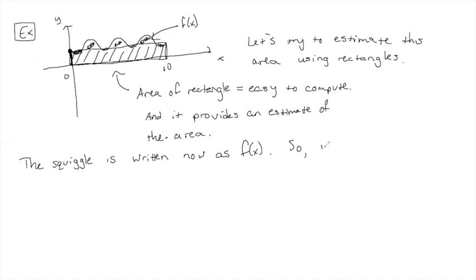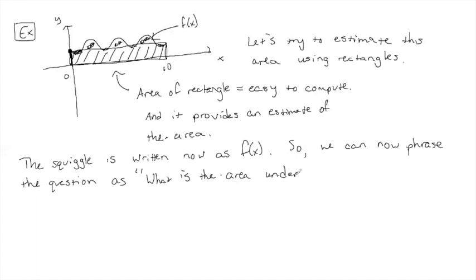So we can now phrase the question of what's this area as: what is the area under f of x and between 0 and 10? Or alternatively, on the interval 0 to 10.